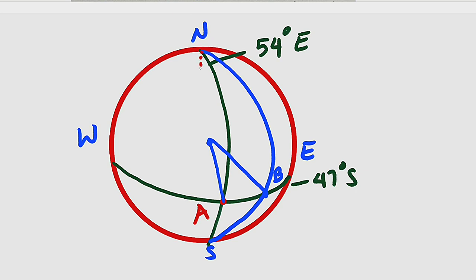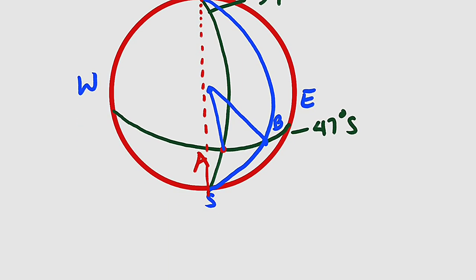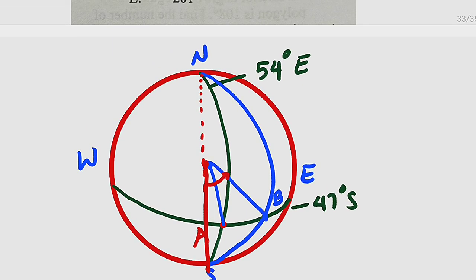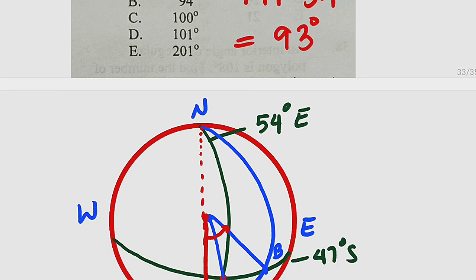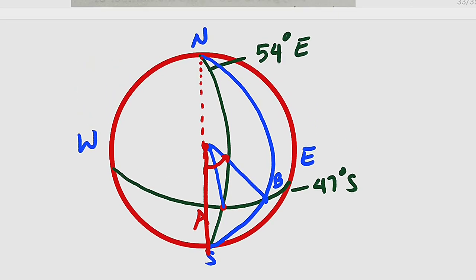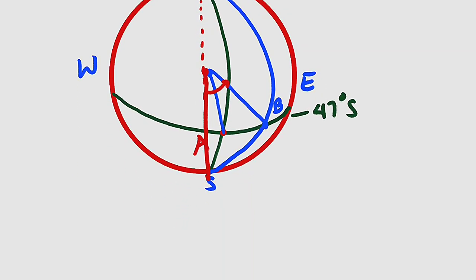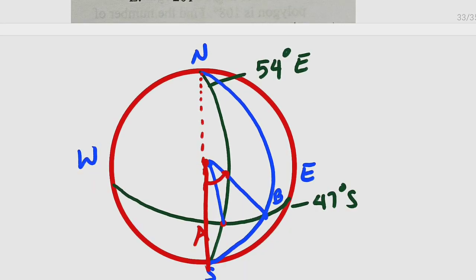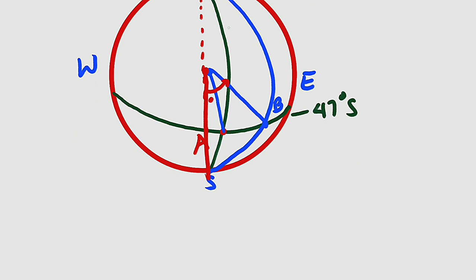So let's assume we have this point here. According to this question, from the center down to town B is what? 147. But from the center also down to town A is 54. So this small angle right here is 54.